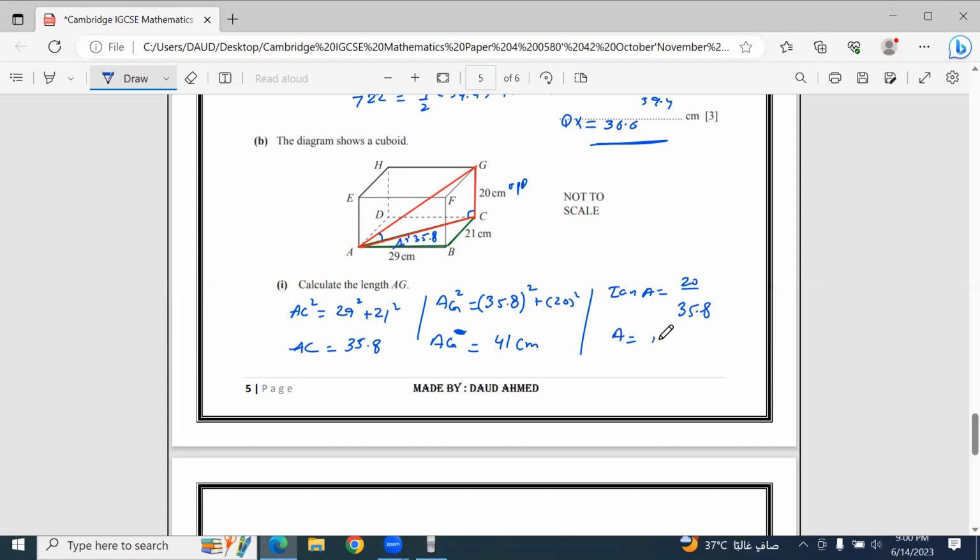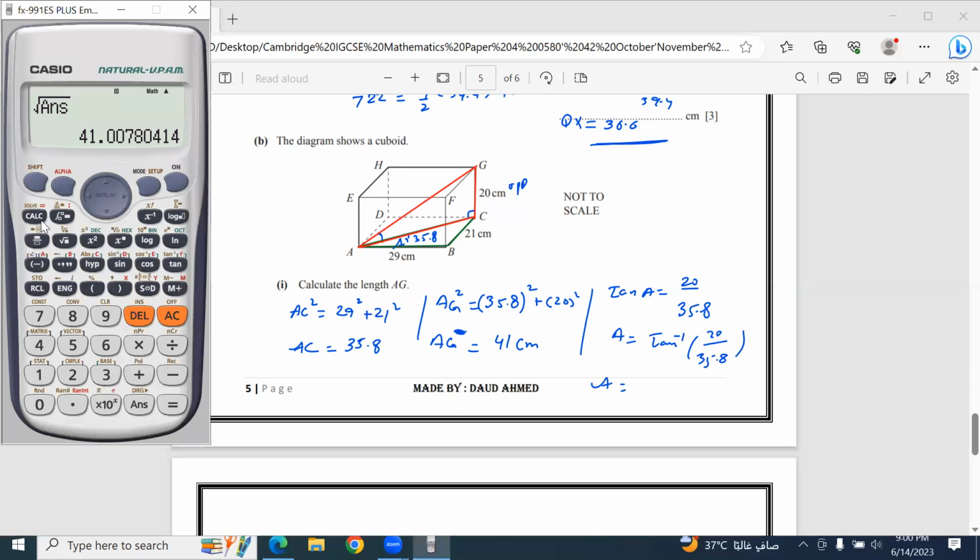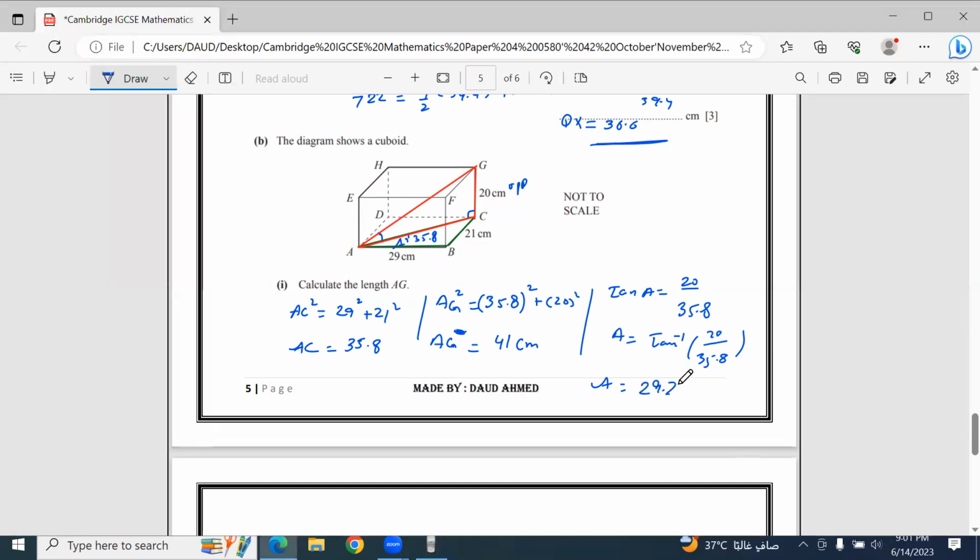But we are looking for the angle, so tan inverse of 20 over 35.8 gives me the angle. If you check in the calculator, apply shift tan, 20 over 35.8, that gives me 29.2. We can say 29.2 to three significant figures. So this is your required angle. Next one.